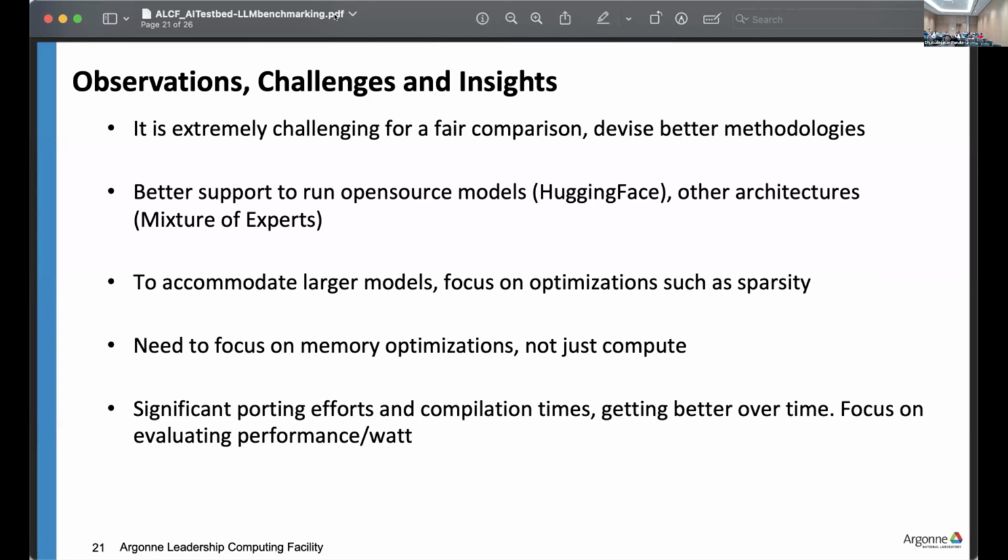And to understand in more detail how these models are being run, we had to do some profiling studies. So we did some profiling studies on NVIDIA with Nsight Systems, and we're also working closely with the vendors to do a similar study across systems. Right now for the Graphcore system, we have the PopVision tool, and we were able to get some profiles.